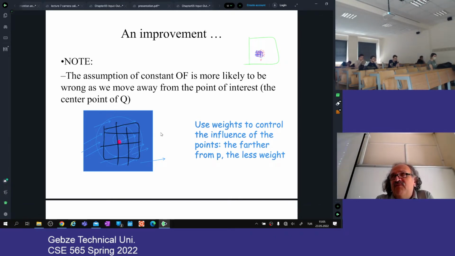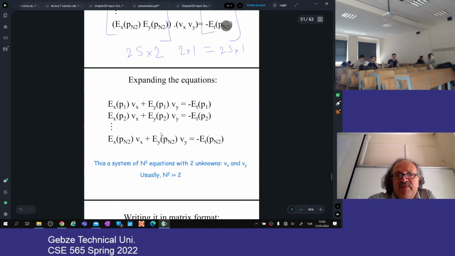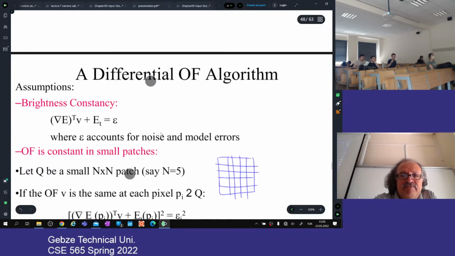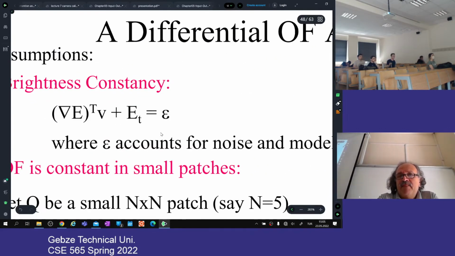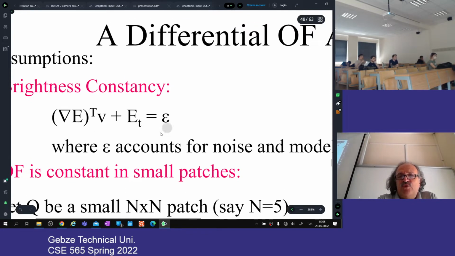Then we say that, well, we are lucky. We can modify our previous algorithm in a very simple way. Remember this algorithm that we said, the image gradient times v plus time gradient should be equal to 0.